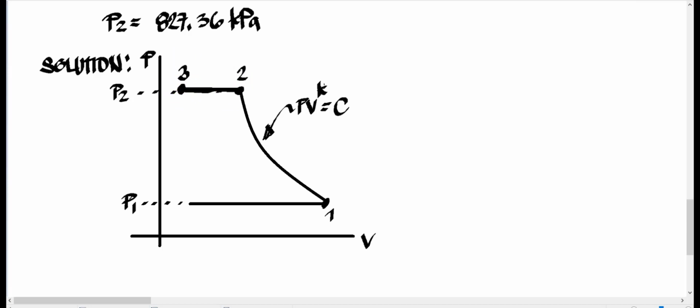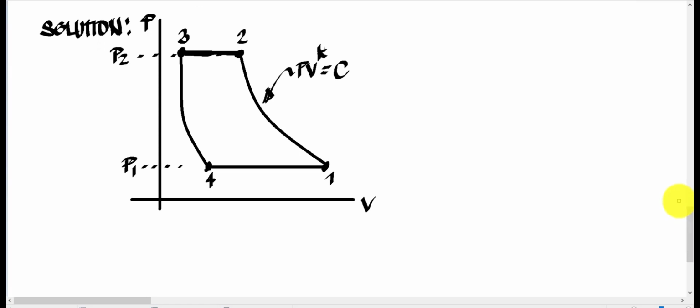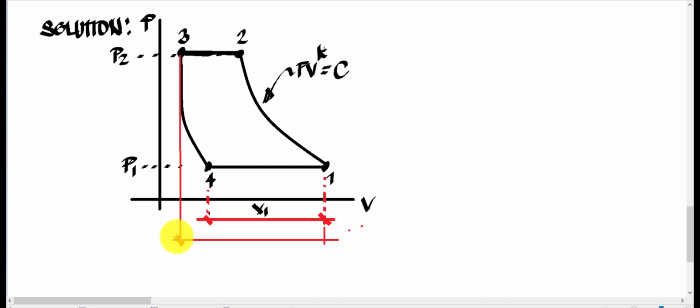Then going down for the suction, so this will become now our point 4. Then we have here our V1 on this side. Then we shall have here our volume displacement, VD.